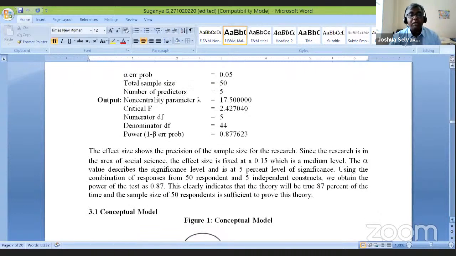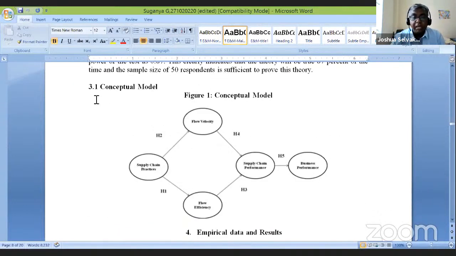Okay, this is our conceptual model that I'm just putting to you on the screen. The conceptual model: supply chain practices influence flow velocity and flow efficiency. Once that is there, then both of these, velocity and flow efficiency, will lead to better supply chain performance. Then overall business performance will improve.